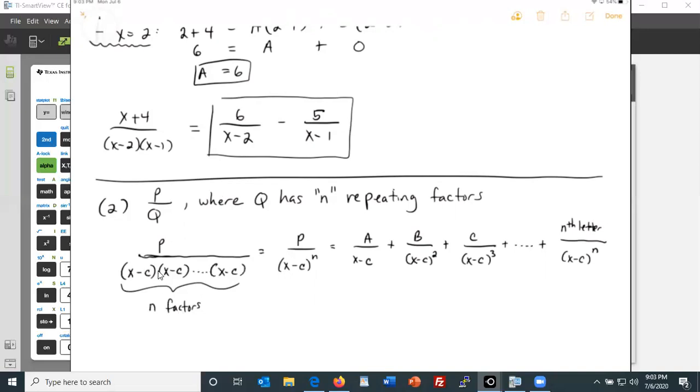So notice when you have the factors repeating themselves, you have to write out multiple partial fractions for them up to and including the power representing the number of factors.